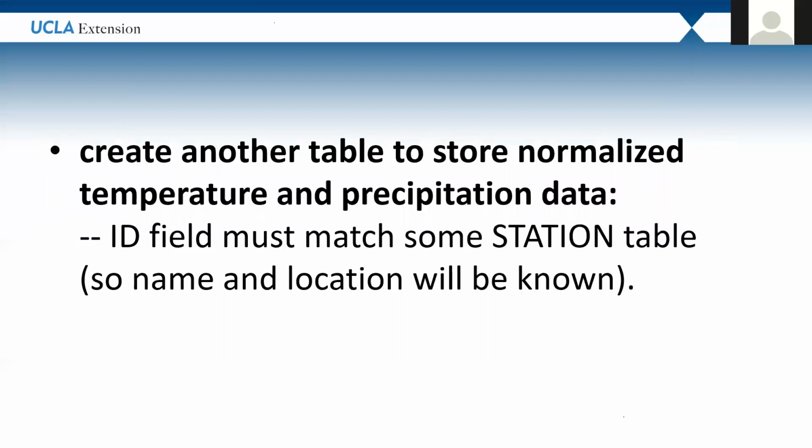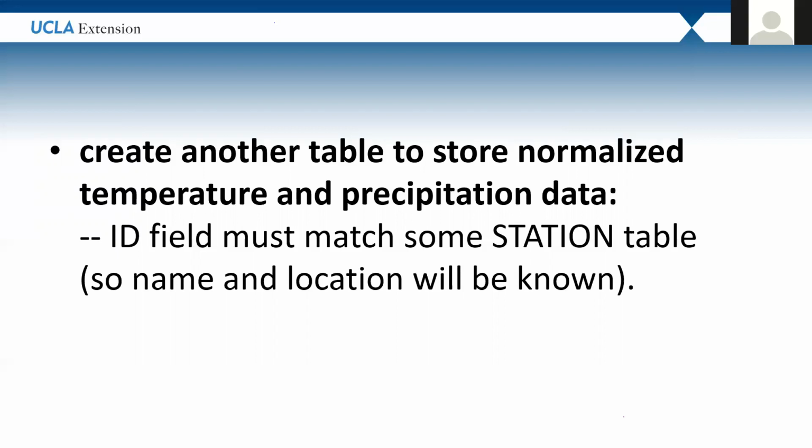Okay, let's say we want to create yet another table with some information related to our first table, the station table, and then join them to get information from both tables. So let's create another table to store normalized temperature and precipitation, rain data.